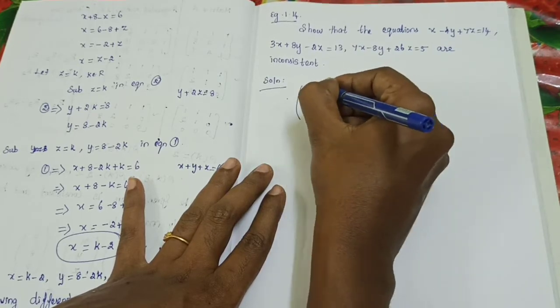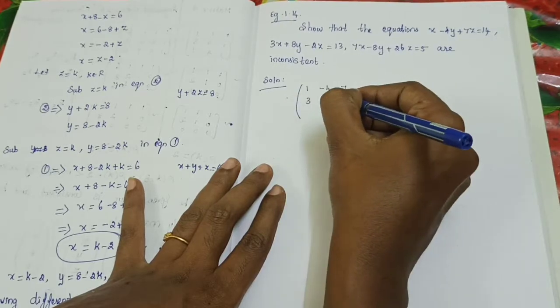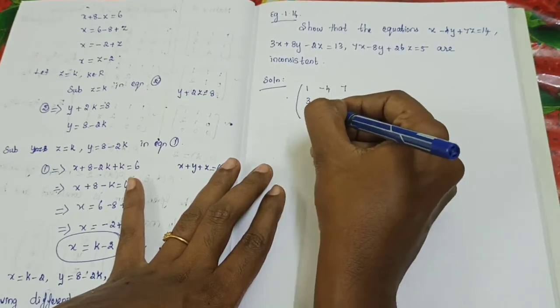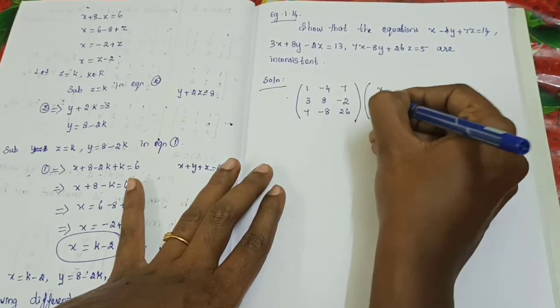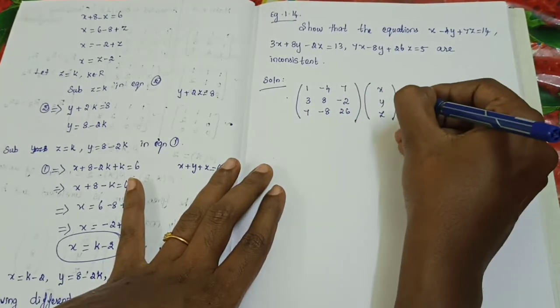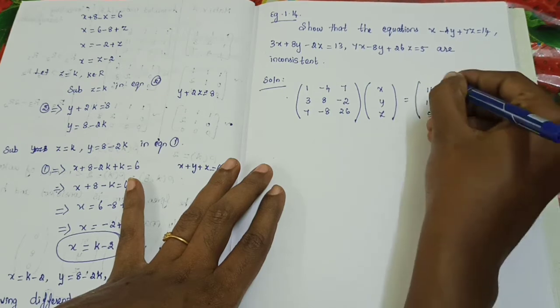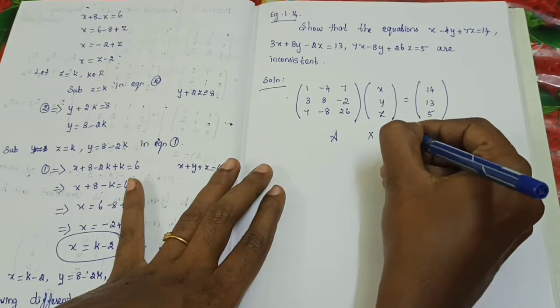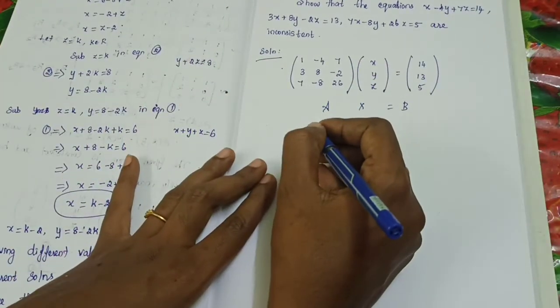That is the matrix 1, minus 4, 7; 3, 8, minus 2; 7, minus 8, 26, times x, y, z, is equal to 14, 13 and 5. So it is in the form of Ax is equal to b.